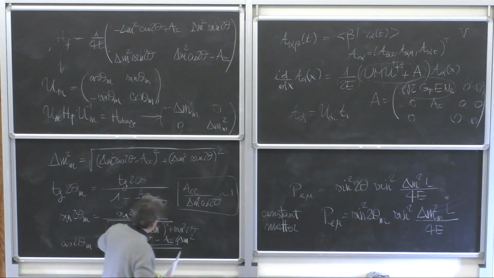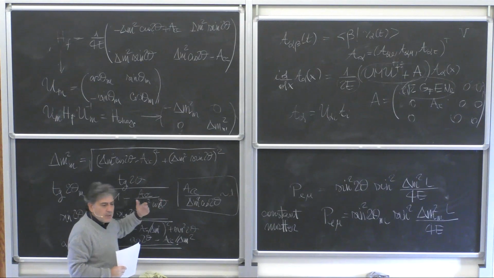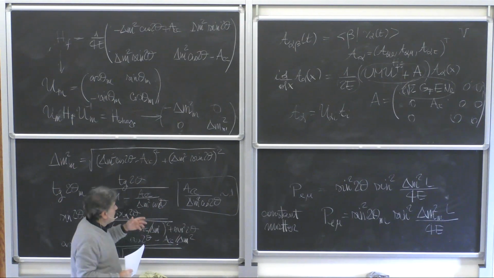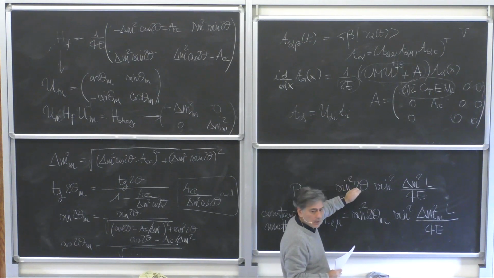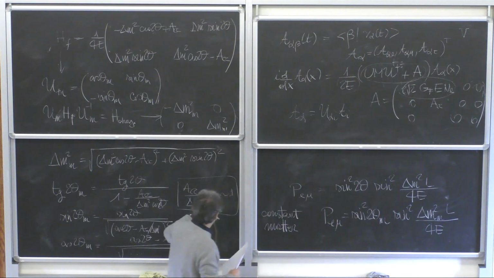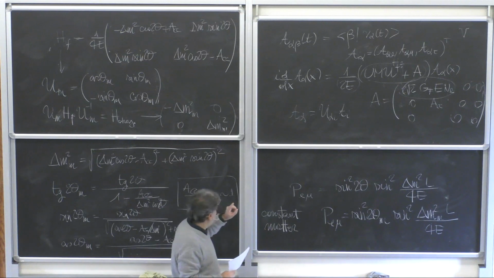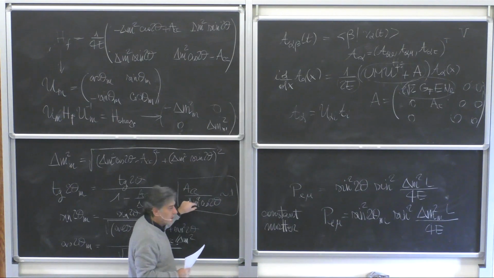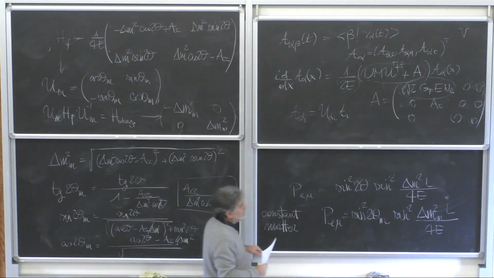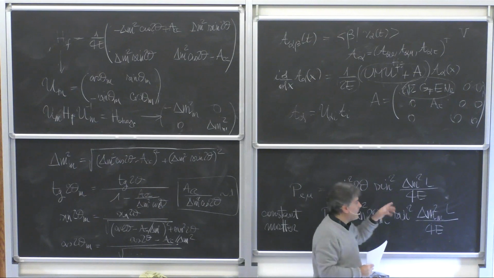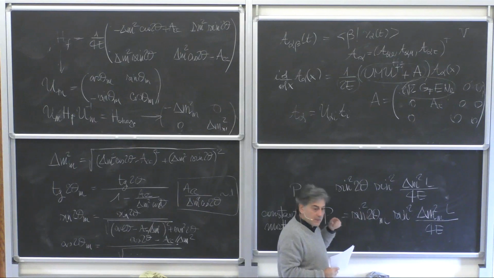The mixing angle in vacuum can be also very small, and if the mixing is small, the oscillation amplitude is small. Okay, so even though the mixing angle in vacuum could be small, if the resonance condition is met, the mixing angle in matter tends to pi over 4, and the oscillation amplitude is maximal, tends to 1.